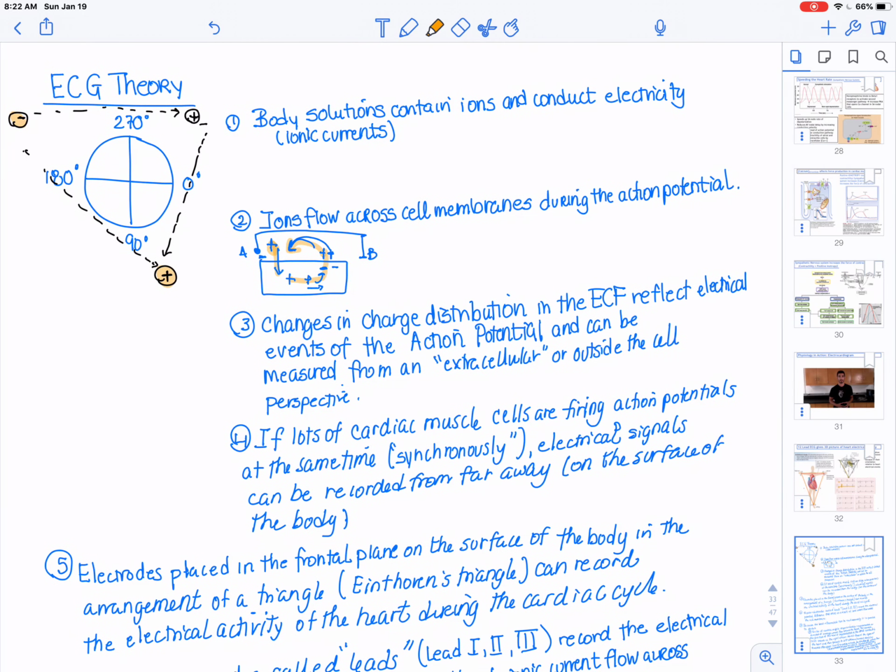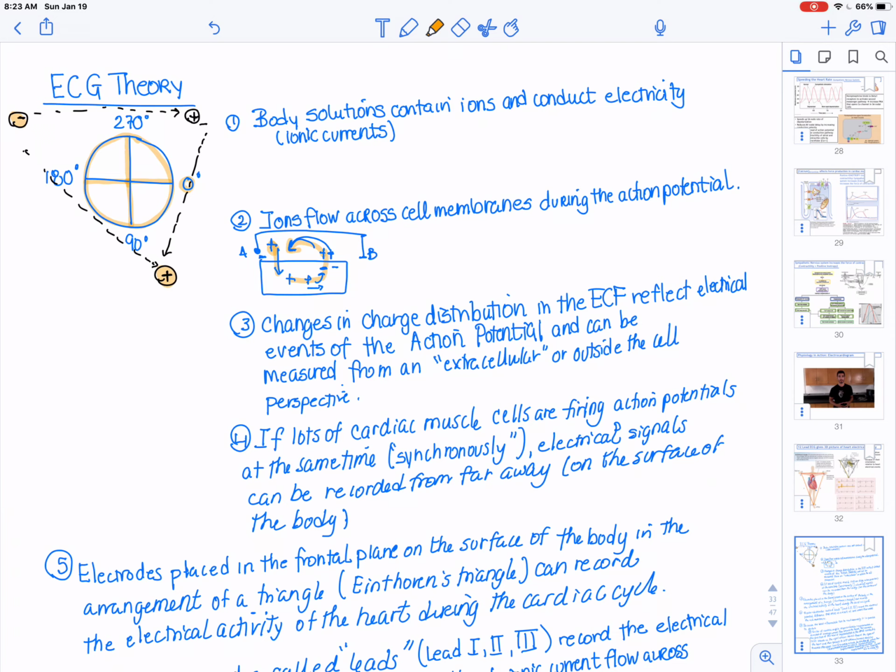So just to let you know, sometimes in the 12-lead ECG, we have this circular axis, and this is considered 0 degrees. 90 degrees is straight down to your feet. 180 is a line parallel to the floor to the right, and 270 is up.